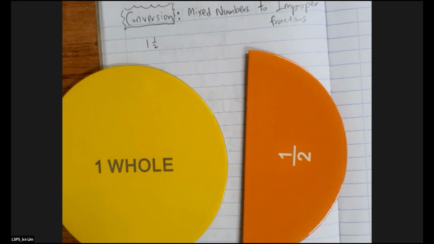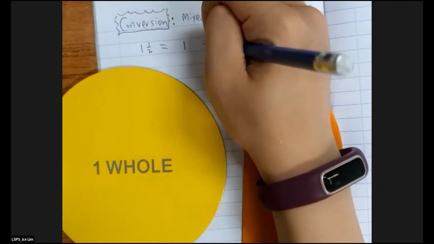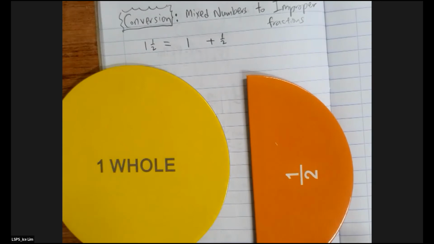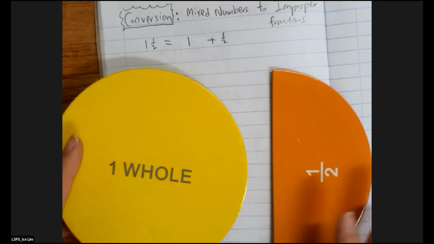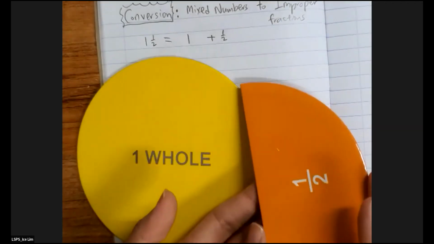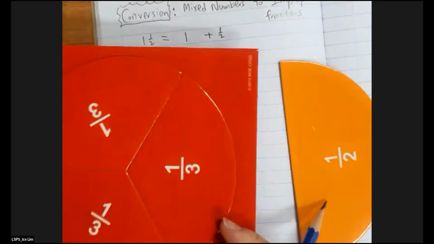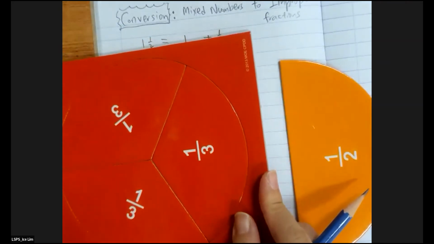Is this okay? Now I have 1 1/2. Still okay? Now I'm going to turn this whole into something that makes sense. If this is a whole, can I take the yellow, orange, the red one, put here? Can I take this one as a whole?